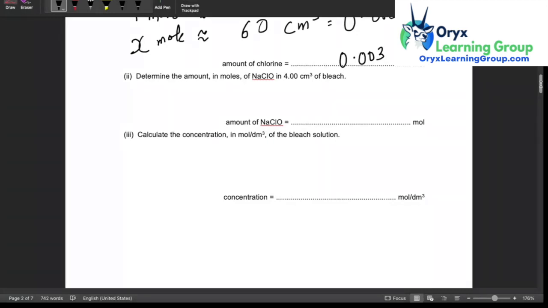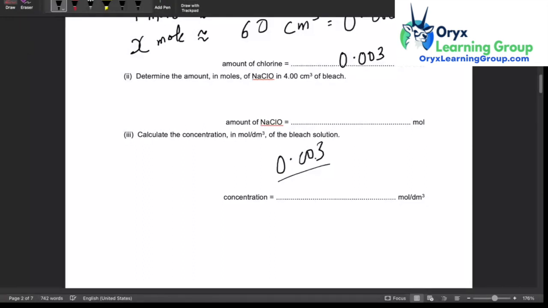I think the answer is 0.75. Okay, 0.75. What numbers have you taken? I took the moles that we got from the bleach solution, 0.003, and then I divided it by the volume of bleach.